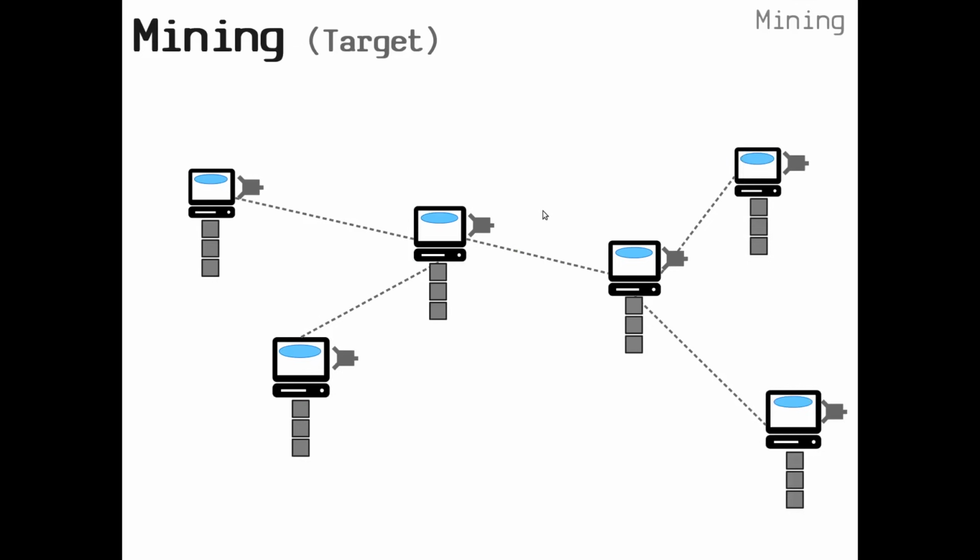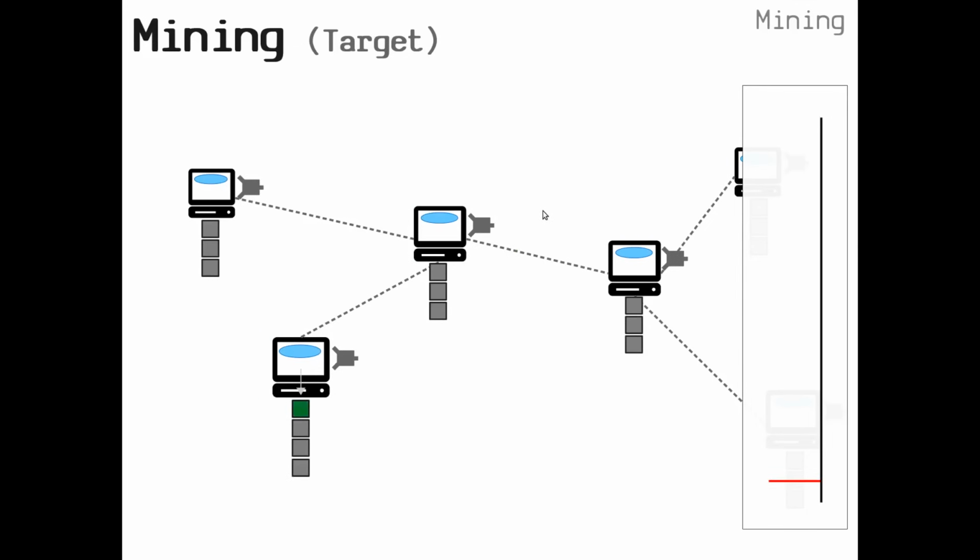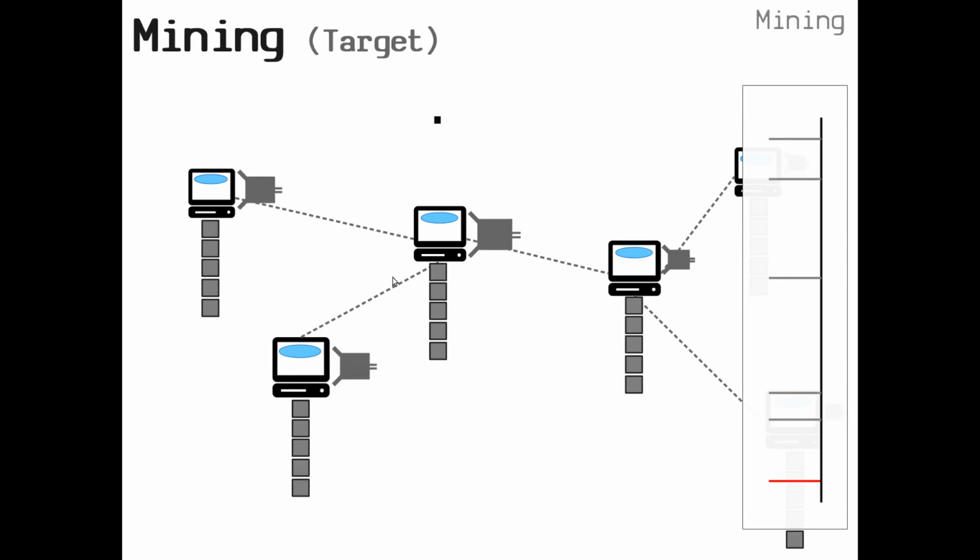Basically, the target is there so that every 10 minutes a new block will be mined. But if more computers are hashing a lot faster, then a block is likely to be mined in under 10 minutes. So this target value obviously moves up and down, so that a new block is mined every 10 minutes.